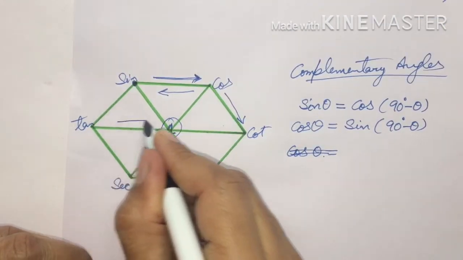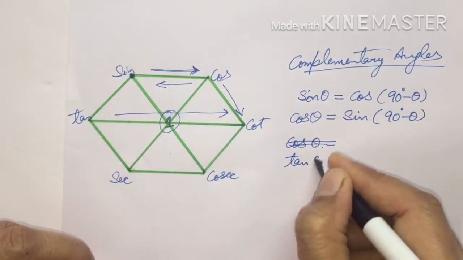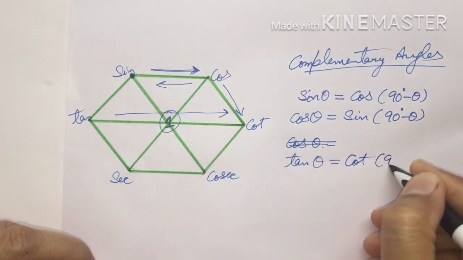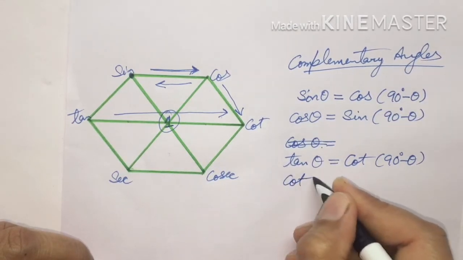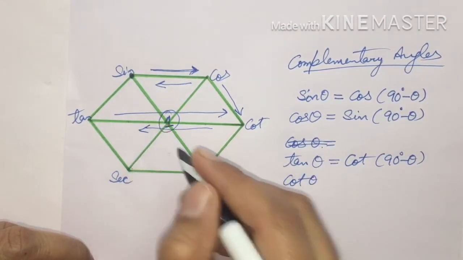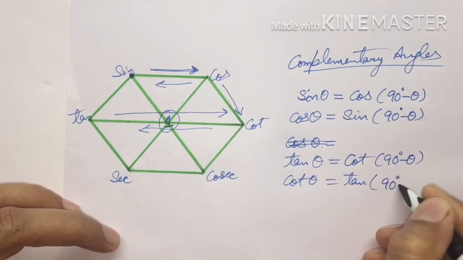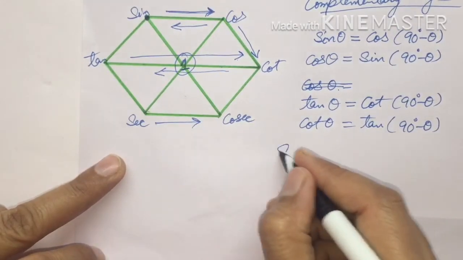When you move in this direction, tan theta is equal to cot of 90 degree minus theta, or you can write cot theta, if you move in the reverse direction, is tan of 90 degree minus theta. What else can you write?